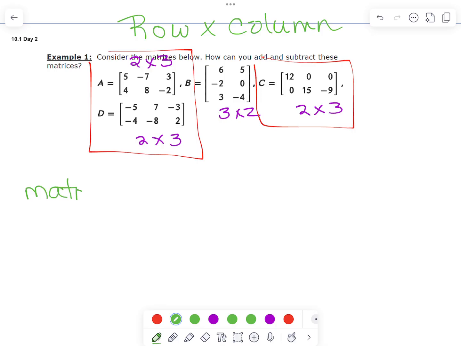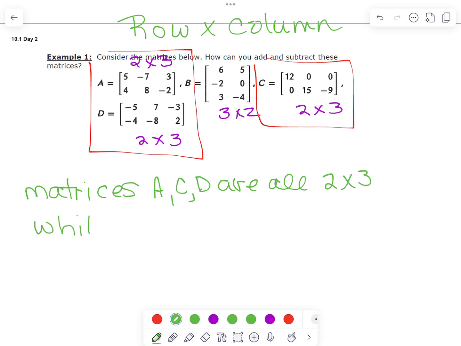So matrices A, C, and D are all 2 by 3, while matrix B is 3 by 2.